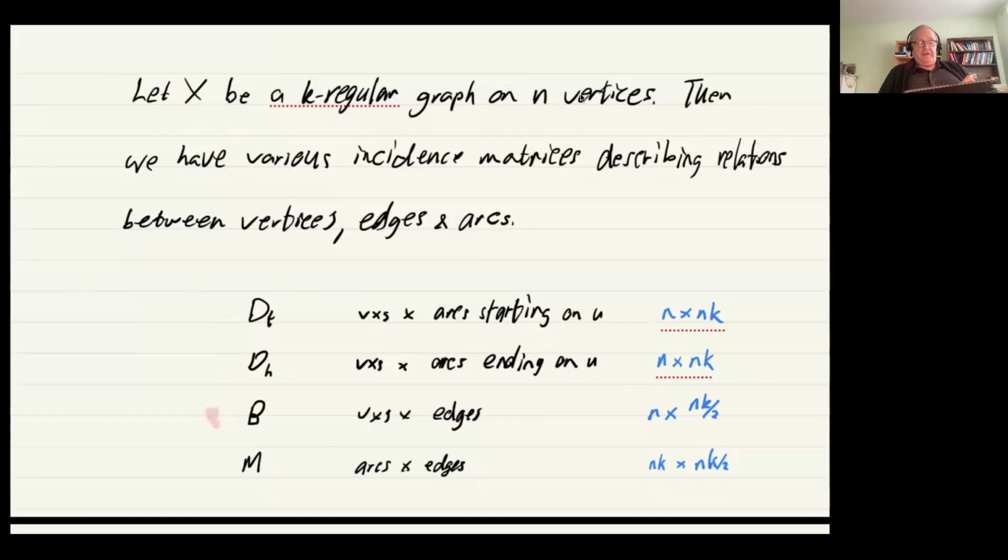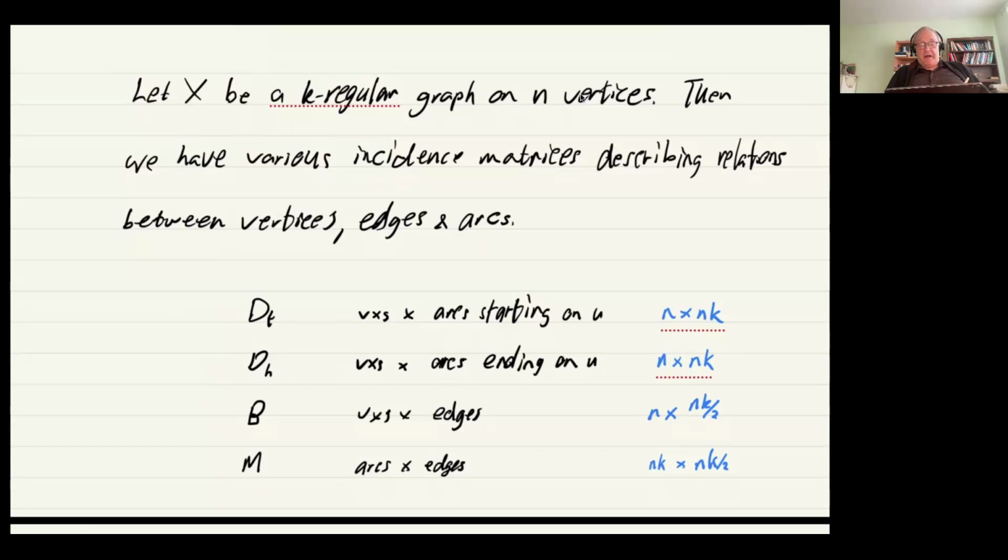This one is what I would normally call the instance matrix of the graph. The rows are indexed by the vertices, the columns are indexed by the edges. If you look at the column corresponding to a given edge, there are 2 1s corresponding to the 2 vertices in it. And so that's going to be an n by nk/2 matrix. That's the usual vertex-edge instance matrix that's discussed in many places.